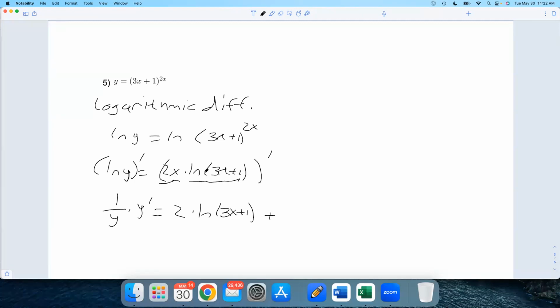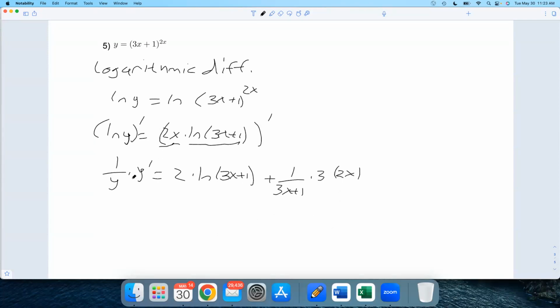The derivative of natural log of anything is 1 over that thing times the derivative of what was inside. So derivative of 3x plus 1 would be 3 times the second. So derivative of the first times the second plus derivative of the second times the first.